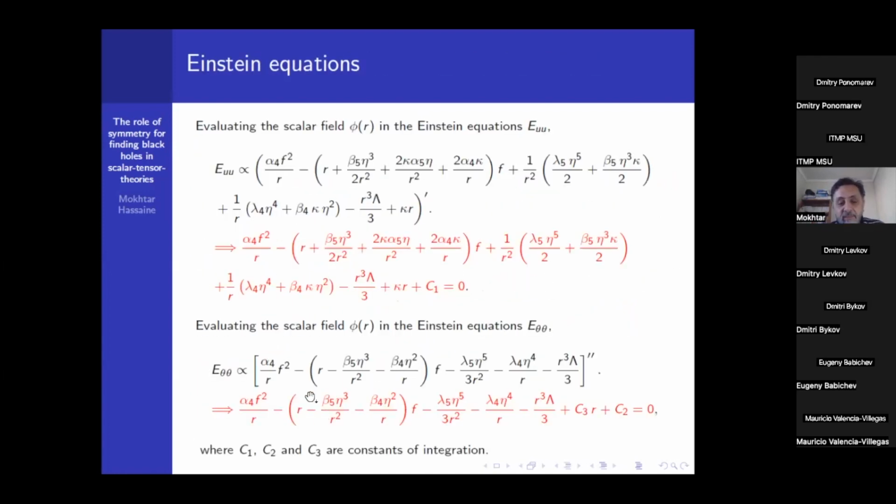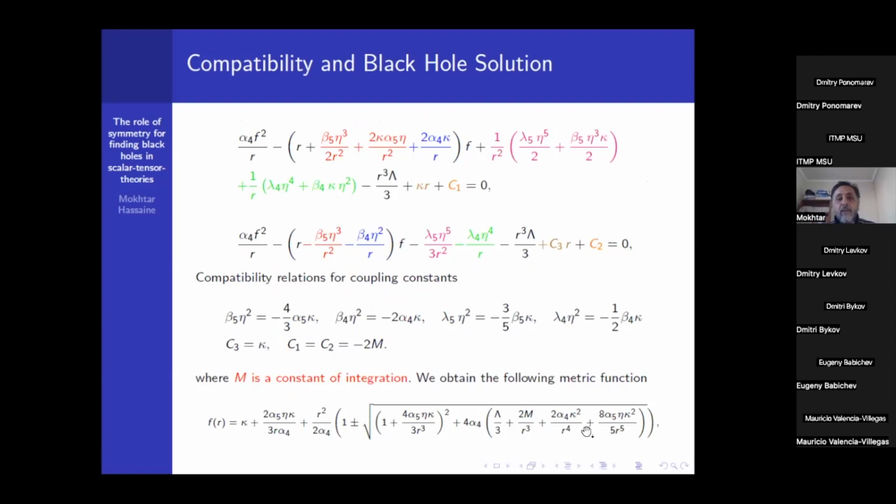When I do that, I get this with 2 integration constants, C2 and C3, because I have a double derivative. So a priori, C1, C2, and C3 are 3 integration constants. So this defines for me 2 quadratic equations for F, as you can see, depending, of course, on the couplings of the theory and on the constants of integration. And now it's very simple because I have 2 quadratic equations.